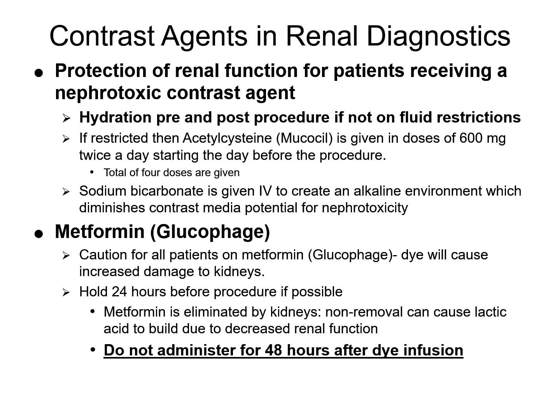They get a total of 4 doses. And then they will give them some sodium bicarb to create an alkaline environment, which will diminish that contrast media potential for nephrotoxicity.